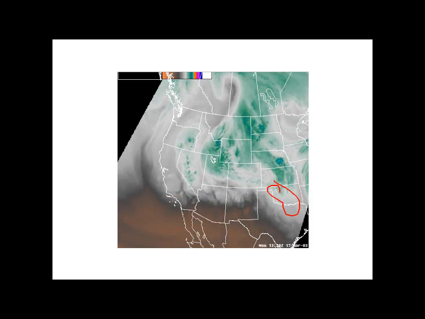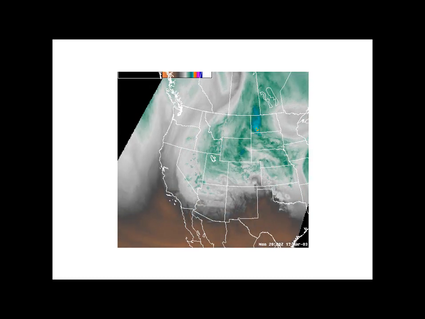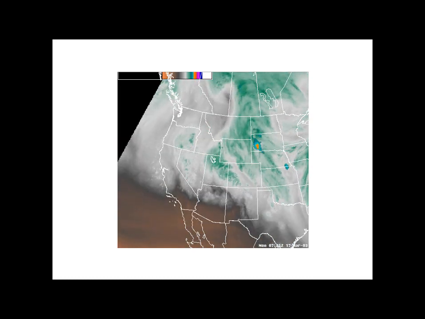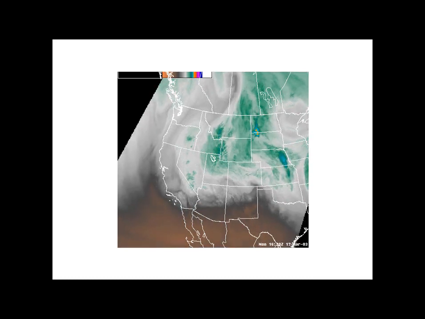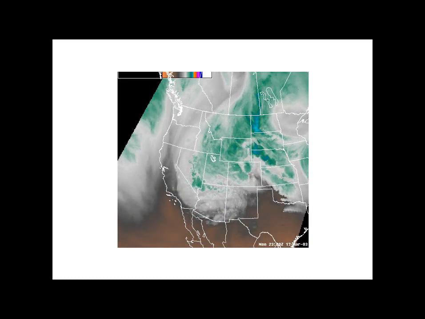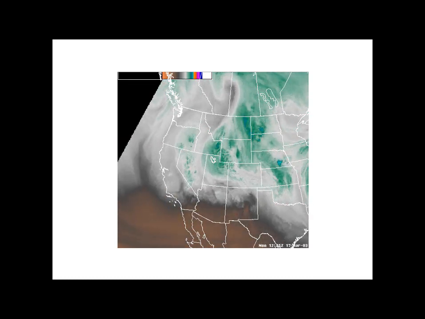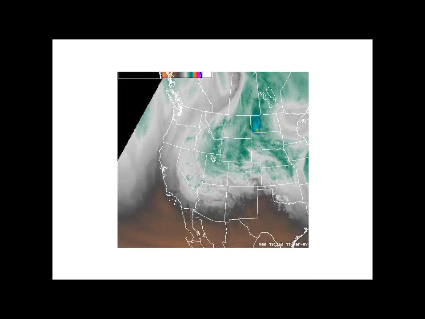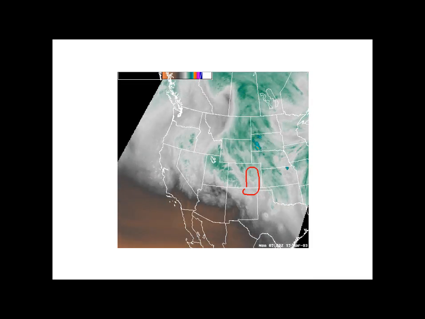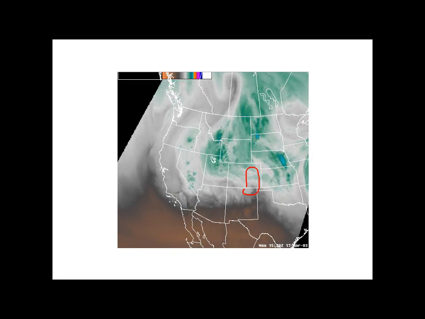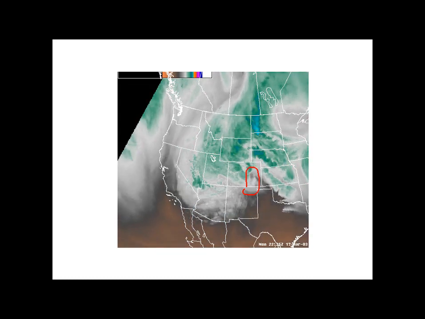We also want to notice the short waves that are moving through in the jet maxes. So we want to pick those out. Those are subtle. One of those we'll look for at the beginning of this loop, moving from north central areas of New Mexico into eastern portions of Colorado, which we noticed on the forecast. So that matches up pretty good.